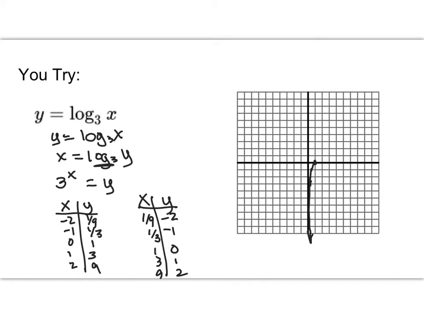Any exponential function that doesn't have any transformations on it, or log function that doesn't have any transformations on it, I should say, is going to have a point at (1, 0). All right, and then I have a point at (3, 1) and a point at (9, 2). And that's it. That's how you graph an exponential.